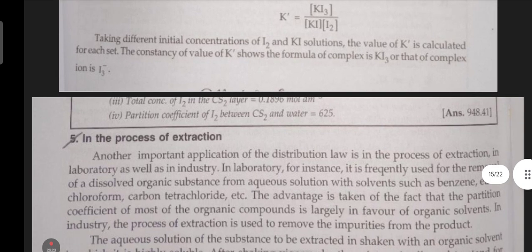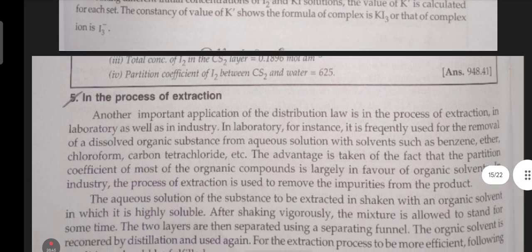Taking different initial concentrations of I2 and KI solution, the value of K dash is calculated for each set. The constancy of the value of K dash shows the formula of the complex KI3, and the complex ion is I3 negative.